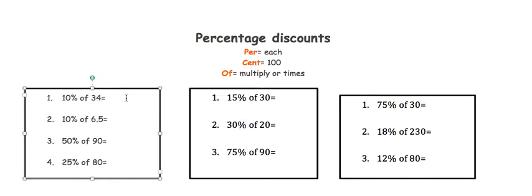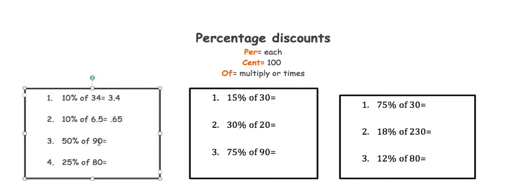So 10% of 34 is 3 4/10. Simple as that. 10% then of 6 5/10 would be 65 hundredths. So I've moved the decimal over one to the left.